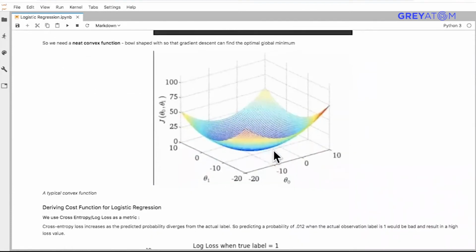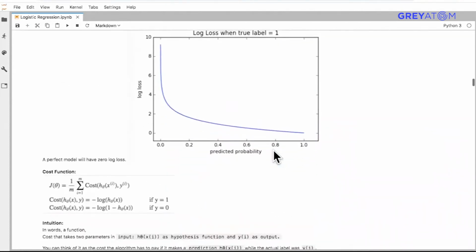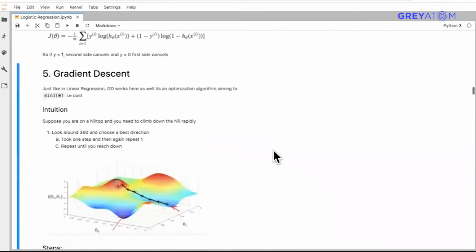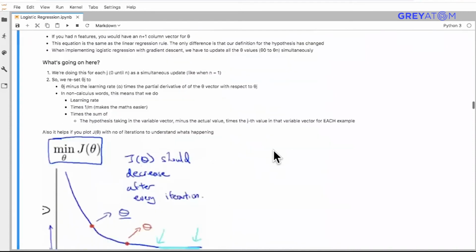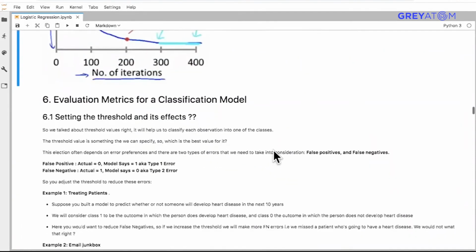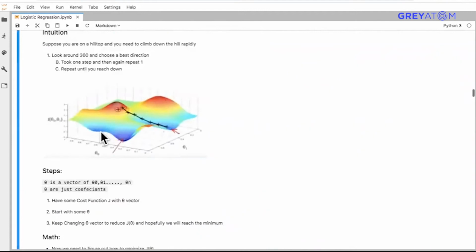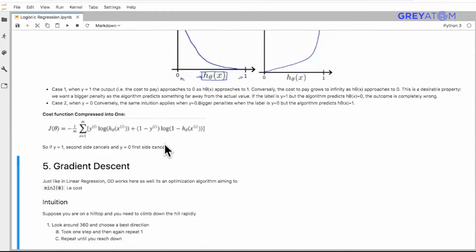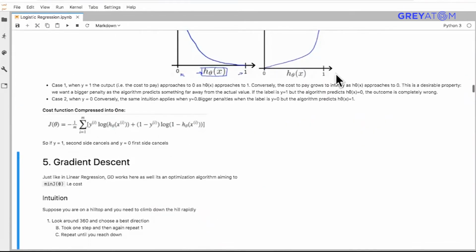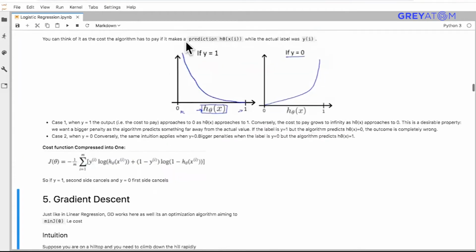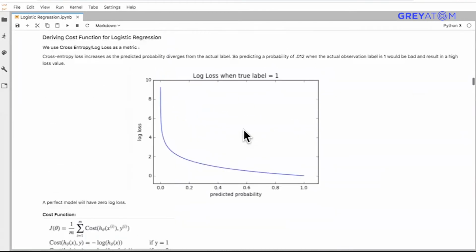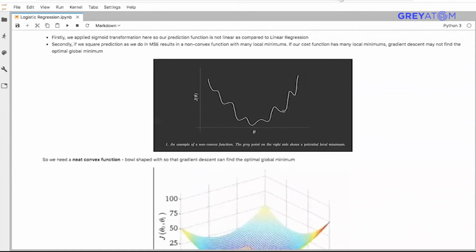This graph would always have a global minimum. So if we use this cost function, we would always end up in a global minimum point, because our function looks like this, not like this.